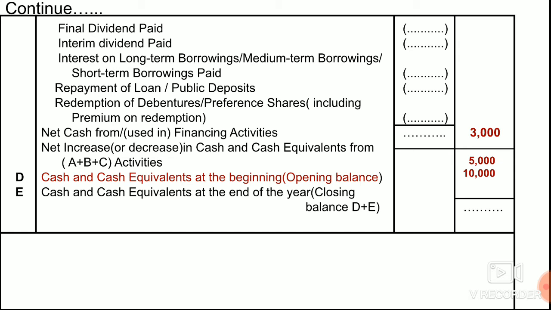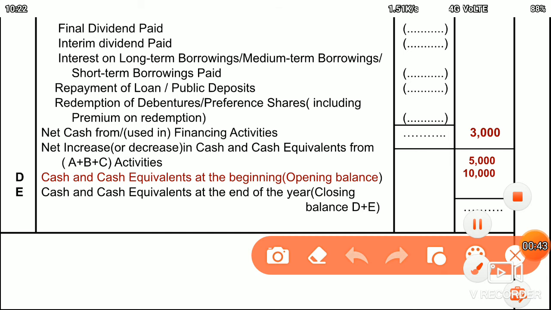Now in the statement, the opening cash and cash equivalent at the beginning of the year is added to the net increase or decrease in cash and cash equivalent of the current year. That means in our example, rupees 10,000, which is the opening cash and cash equivalent, will be added to rupees 5,000, which is the net increase in cash and cash equivalent for the year 2019.